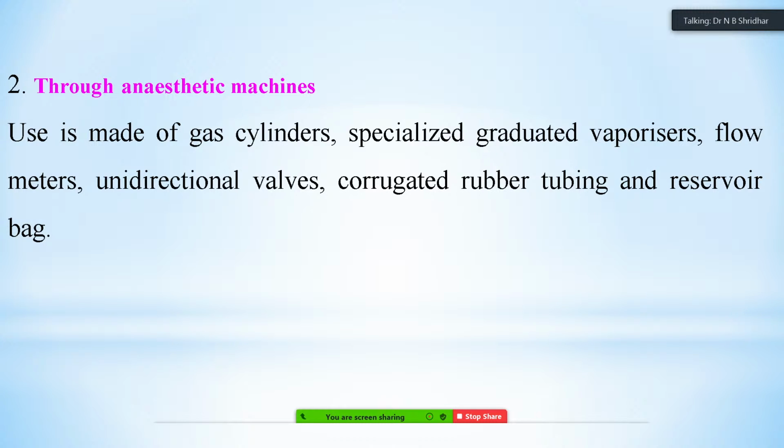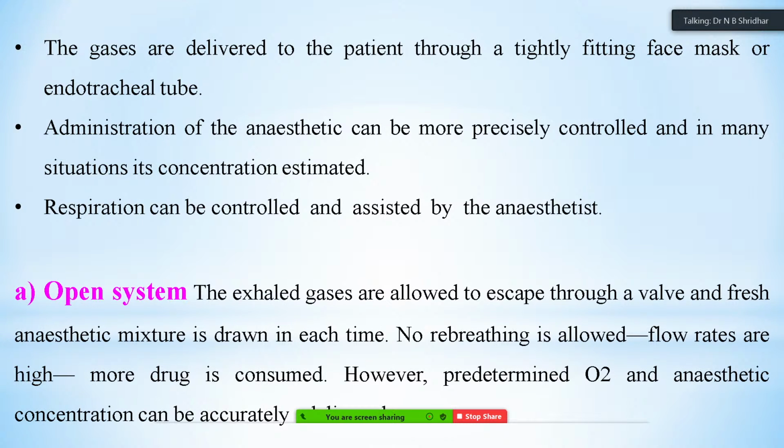You might have seen this type of machine many times. The gases are delivered to the patient through a tightly fitting face mask or endotracheal tube. Here no gas is lost. The administration of the anesthetic can be more precisely controlled, and in many situations its concentration is estimated.